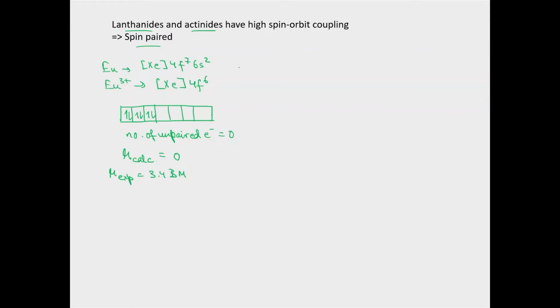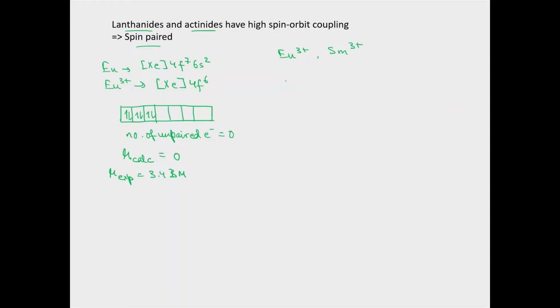So for most of the lanthanides, the spin orbit coupling constant is high, but there are two exceptions. One is europium 3 plus and the other one is samarium 3 plus.